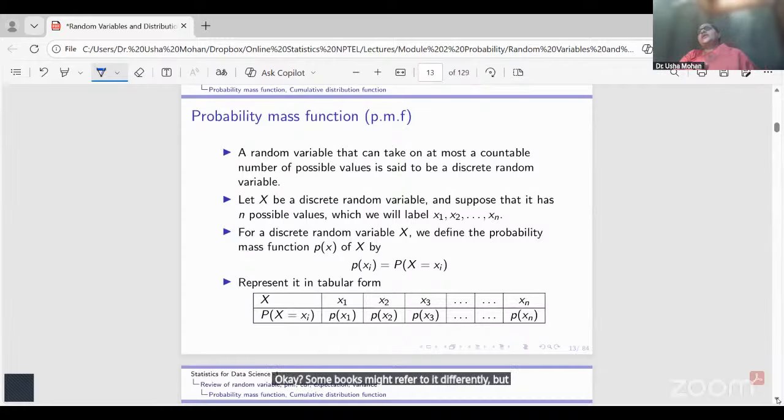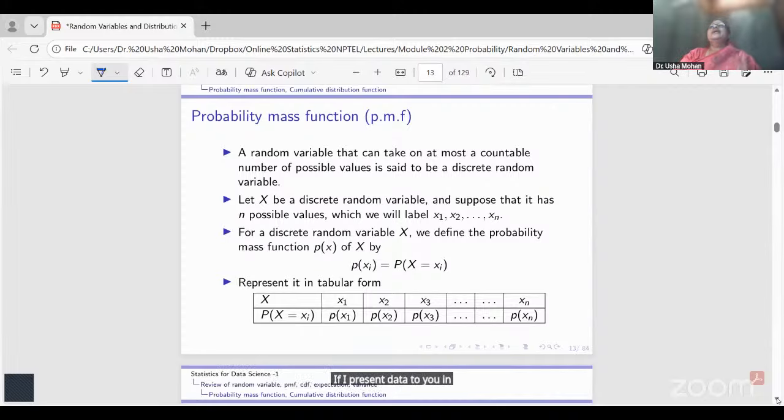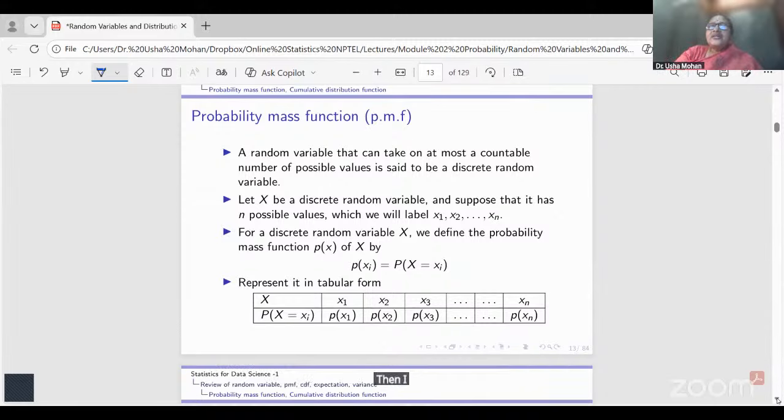What I want you to understand is, if I present data to you in this form, with x taking values x1, x2, up to xn, assuming it is taking n values, with the respective probabilities, then I call this representation the probability mass function of the random variable.